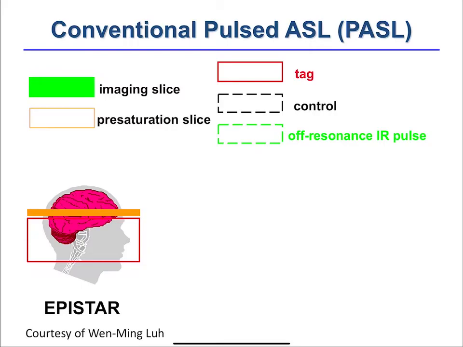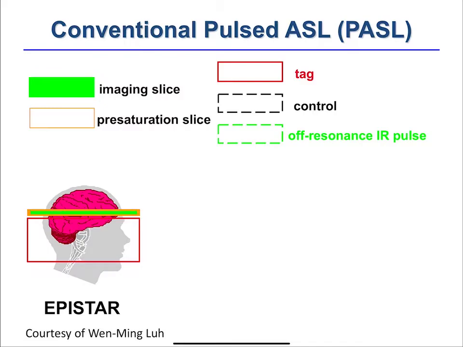I like a pure tag that only tags the blood, but sometimes it also is messing around with the signal in my imaging plane. Therefore, we want to put this far away from the imaging plane, but if we put it too far away, then it takes too long for the blood to get there. So we want to put it fairly close, but it still has an effect on these spins, and so in the control image we have to balance out those effects.